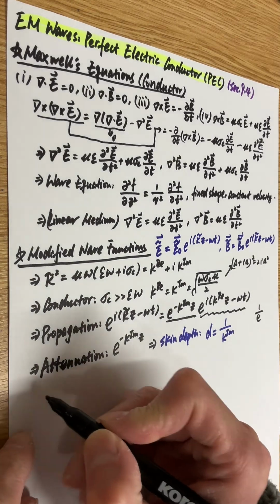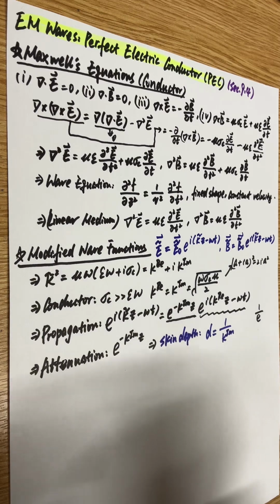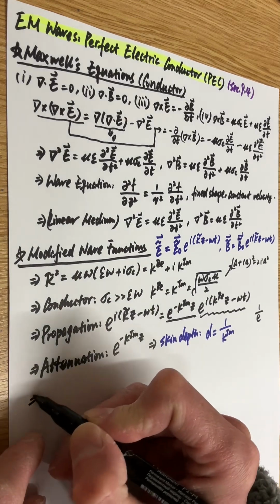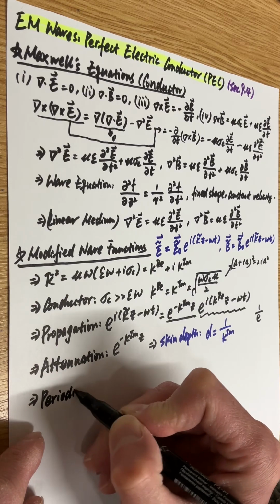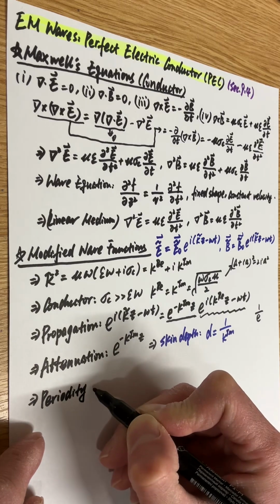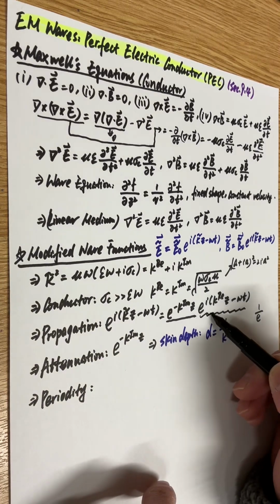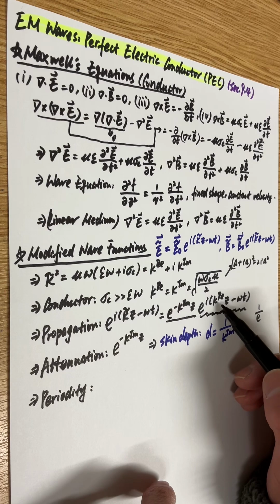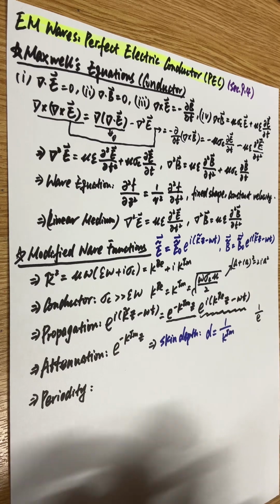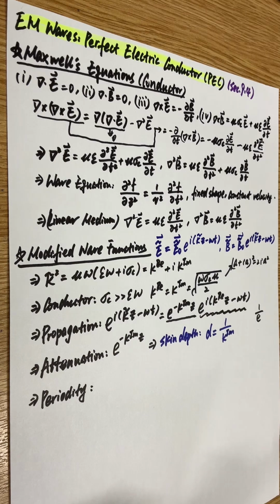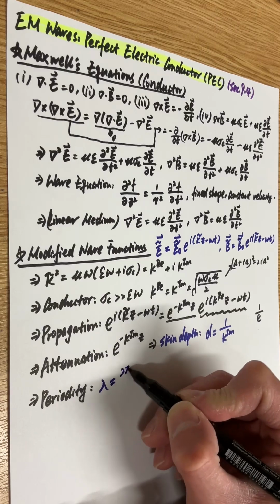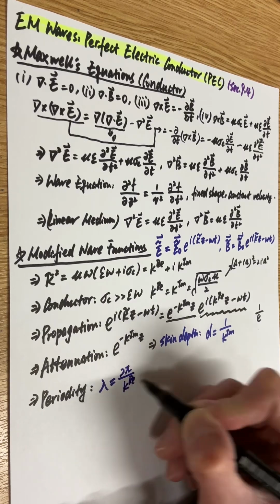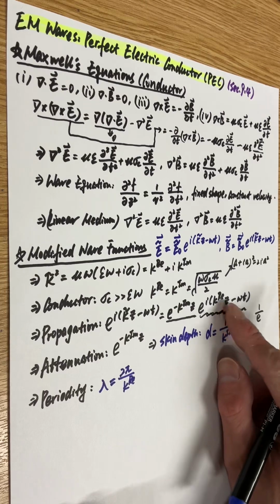And what about the rest of the parameters that determine periodicity? The periodicity property is still determined by the real part of kappa. So we have wavelength equal to 2 pi divided by the real part of kappa, that is the periodicity in distance.